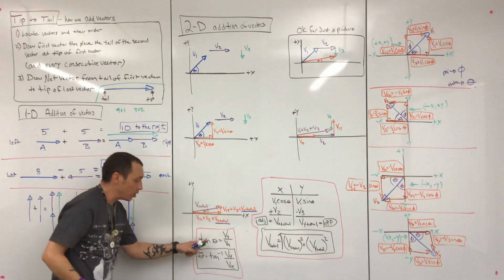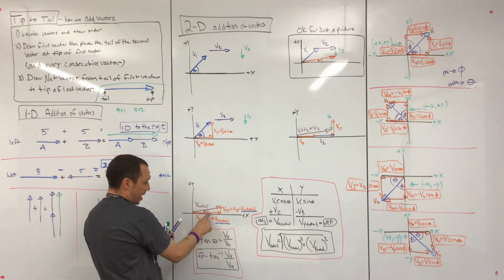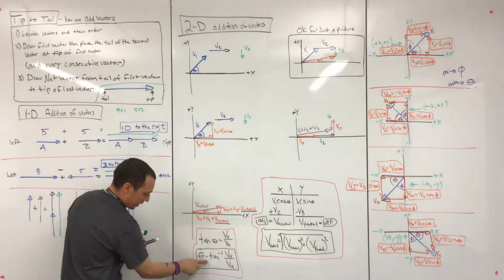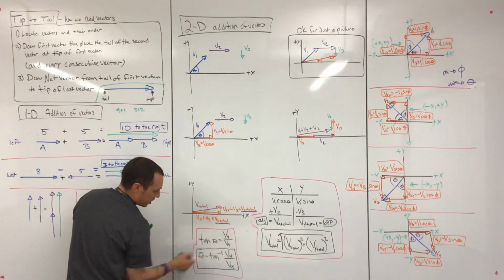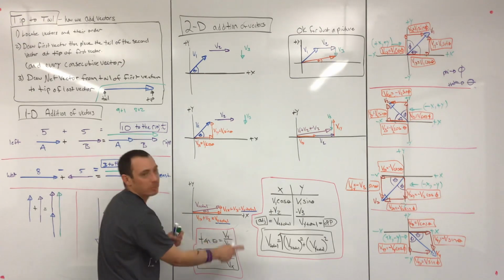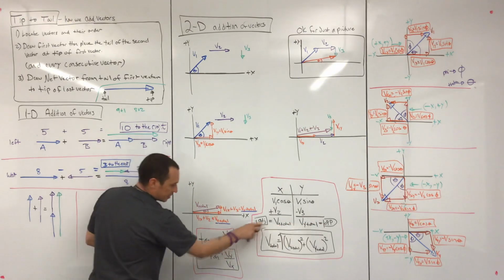And then to get our new angle, that's what these are there for. We can see that our vx is adjacent to the angle, and our vy is the opposite of that angle. So we can use tangent theta, which is equal to opposite over adjacent, where vy is the opposite and vx is the adjacent.